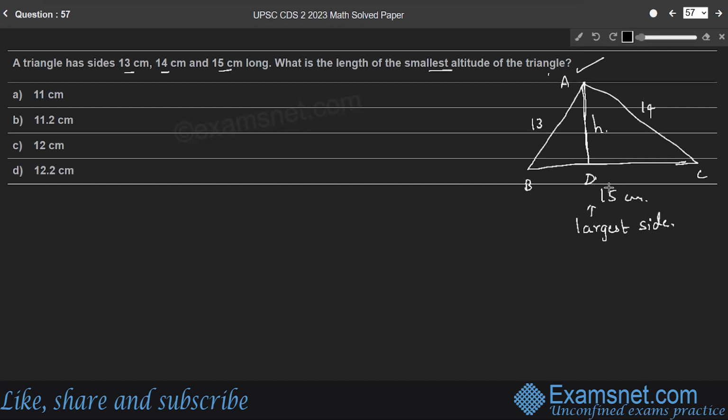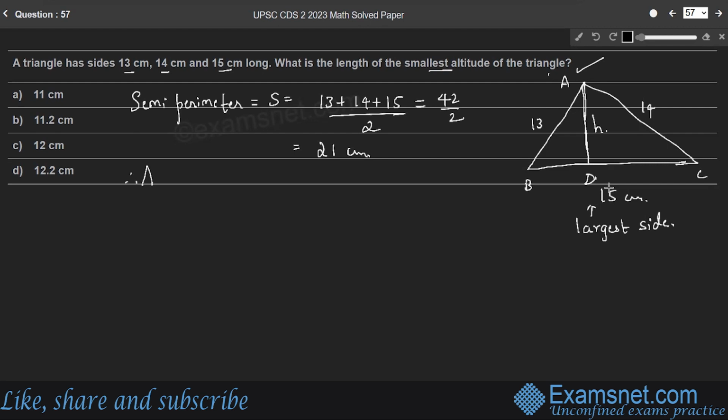Again, as we have discussed in the previous question, here also we use the semi-perimeter of the triangle. Based on that, we are going to find the area of the triangle, right? Semi-perimeter S is equal to the sum of its sides divided by 2. Perimeter by 2 is the semi-perimeter, right? Therefore, 13 plus 14 plus 15, 42 by 2, which is 21 centimeter, is the semi-perimeter.